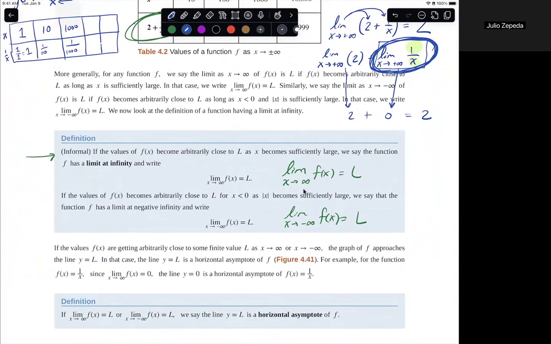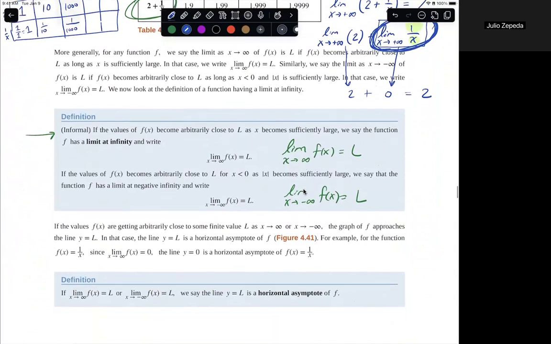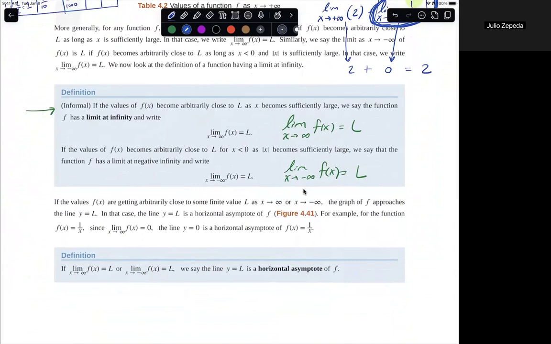Okay, so we can now define a horizontal asymptote in terms of limits. If the limit as x approaches infinity of a function is equal to some finite value L, then we would call the line y equals L a horizontal asymptote.